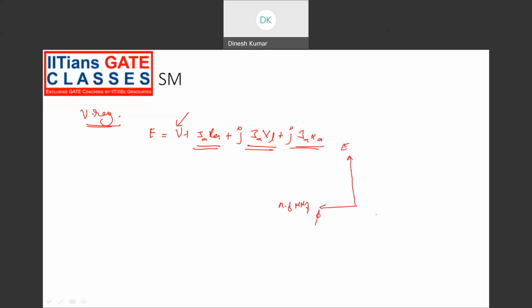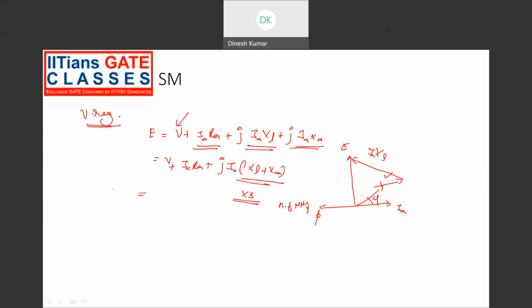Let's say our terminal voltage is V and the current is lagging, say a lagging load, we have Ia. Then Ia Ra is this drop. Then we have Ia Xs, actually that is V plus Ia Ra. If you take j Ia common, then we have XL plus Xa. This is called Xs, that is synchronous reactance.